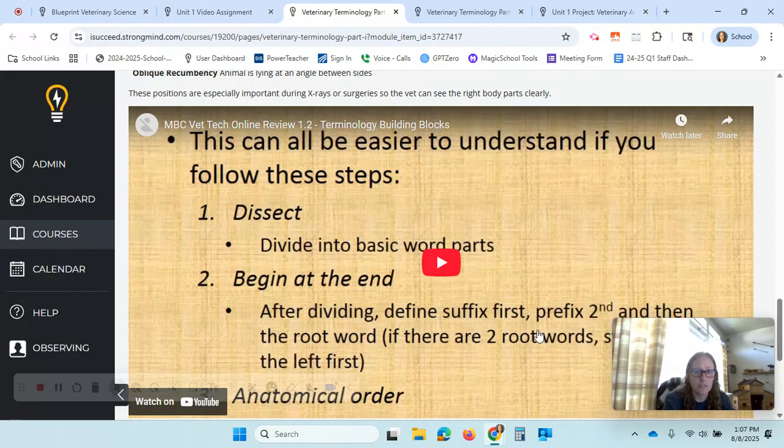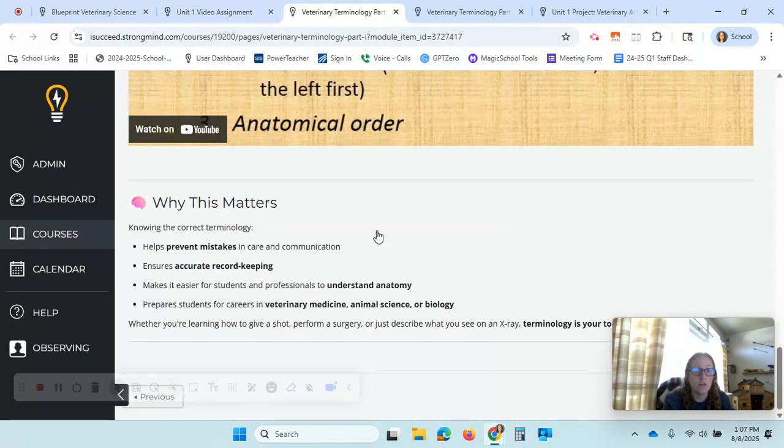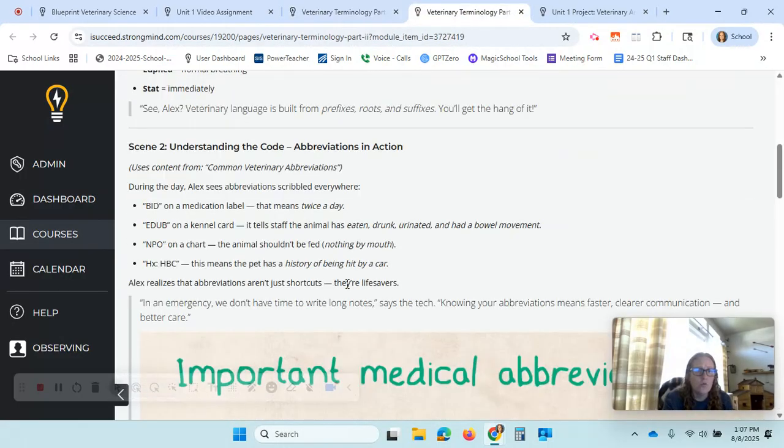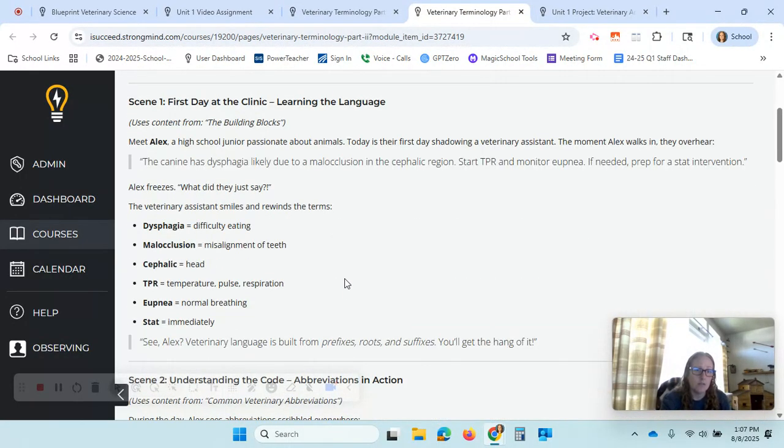We have a nice little video here of terminology building blocks, as I mentioned, that is helpful as well. And then we have page 2. This goes through a day in the life, if you will, of a new technician or technician assistant, hearing those words and being like, oh, I don't know what's happening, and what they really mean. Here are just a few brief ones, things you hear a lot in emergency med.